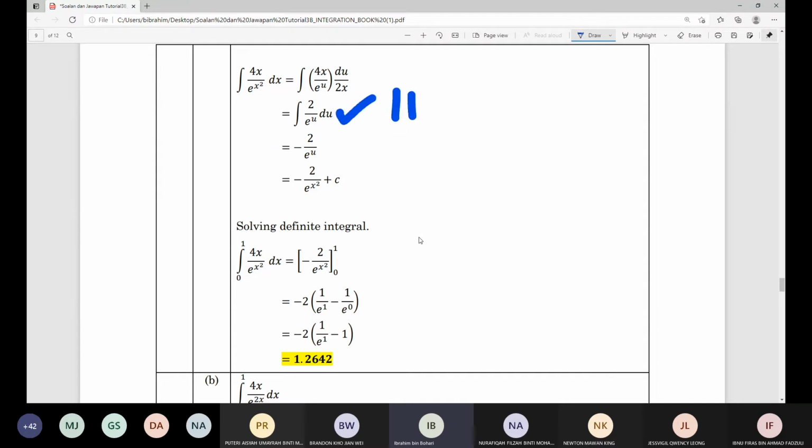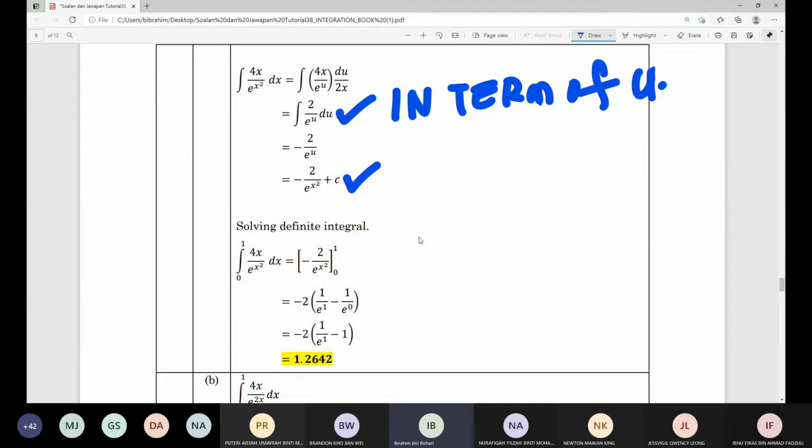Okay, this is in terms of u. Integrating, it equals negative 2e to the power of negative u, and last you replace u with x squared, and the answer equals negative 2e to the power of negative x squared plus c.